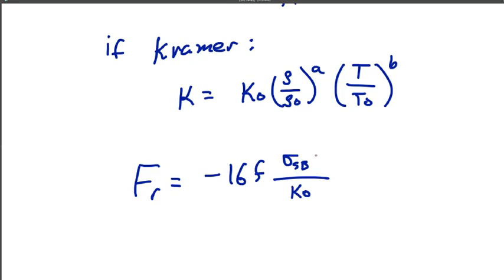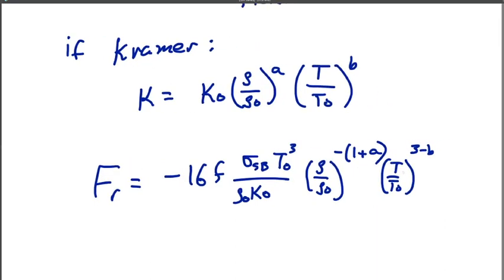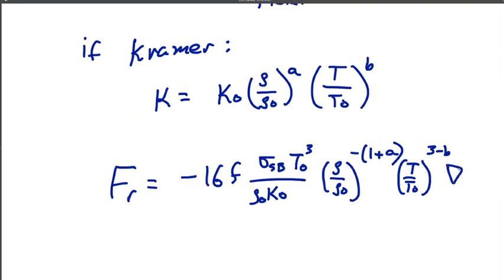So these are just a whole bunch of constants, and I'm going to gather together various of our constants, so T naught cubed, and then it's times rho over rho naught to the minus 1 plus a, because of the rho that was in the denominator, and then T over T naught to the 3 minus b, and then all of this times the quantity grad T.